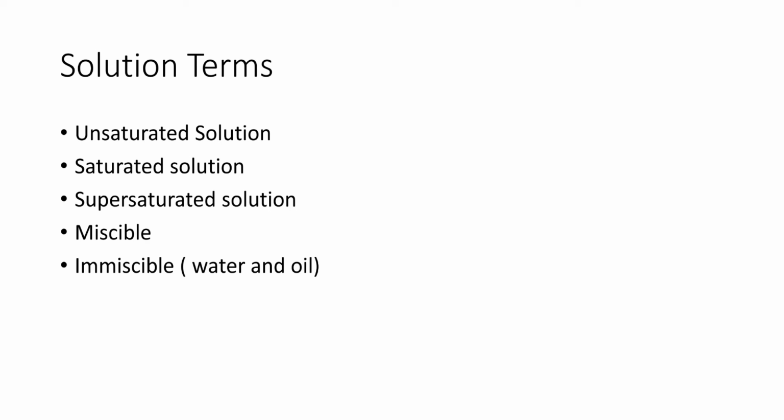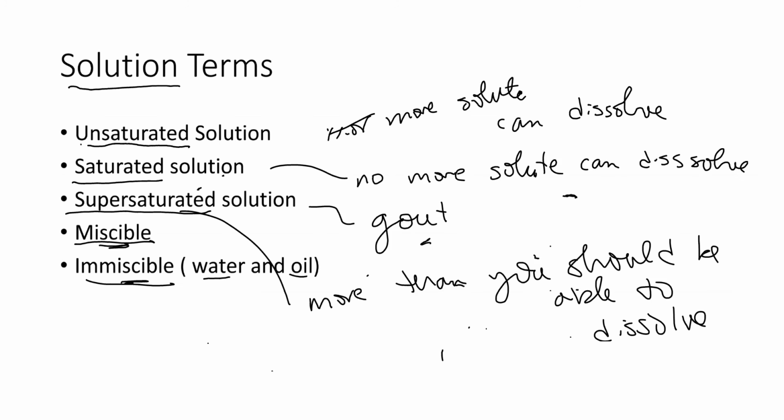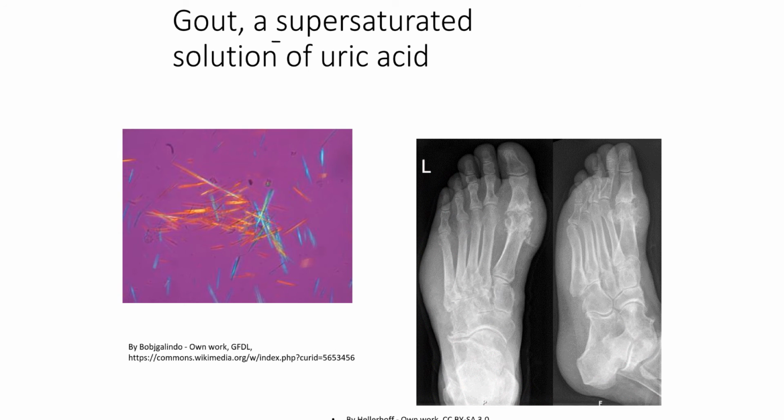All right, let's look at terms of solutions. We have a lot of terms that we can use to describe how much we can put in solution. So, a supersaturated solution of uric acid. Gout.